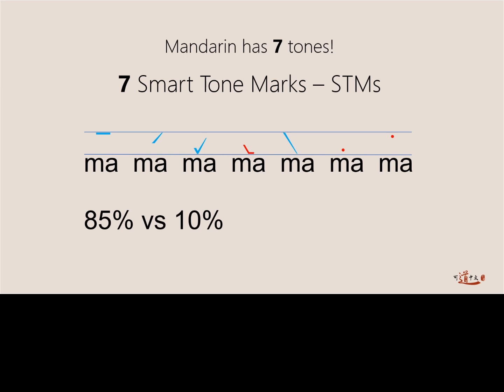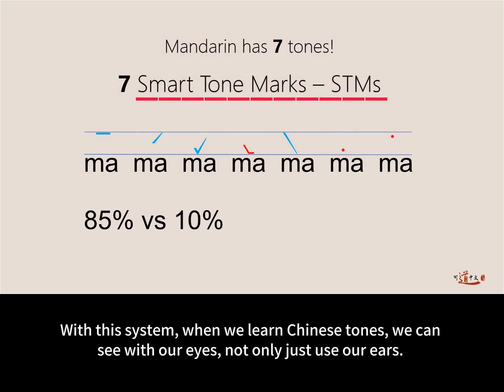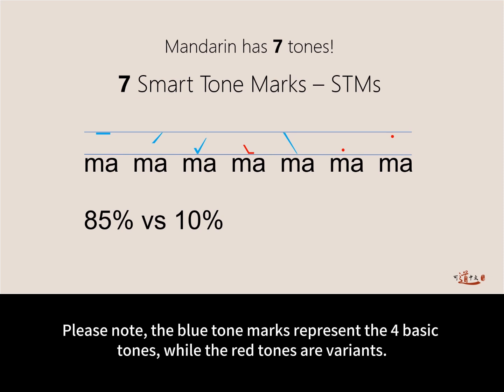We call these symbols the Smart Tone Marks System, the STMS. With this system, when we learn Chinese tones, we can see with our eyes, not just use our ears. Please note, the blue tone marks represent the 4 basic tones, while the red tones are variants.